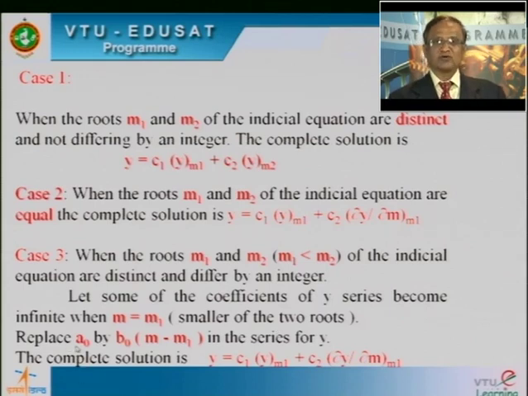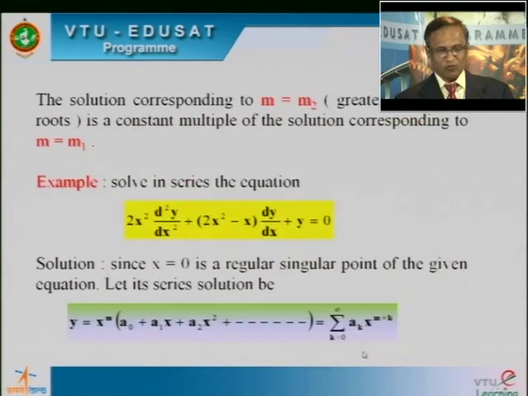In that case, I want to replace a naught by b naught into m minus m1 in the series for y. So the complete solution becomes y is equal to c1 into y suffix m1 plus c2 into partial derivative of y with respect to m at m1. So like that we can write down the solution.